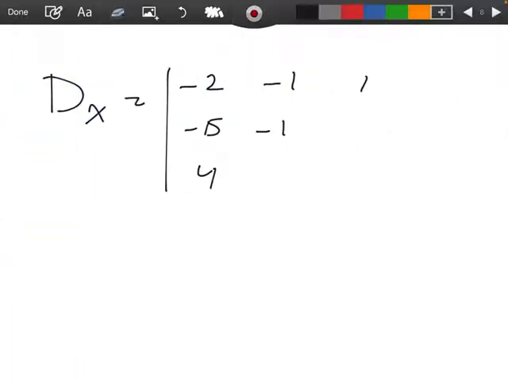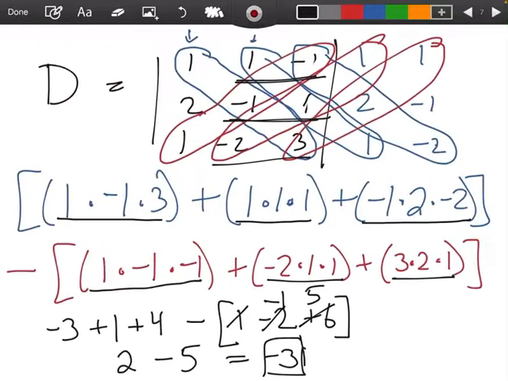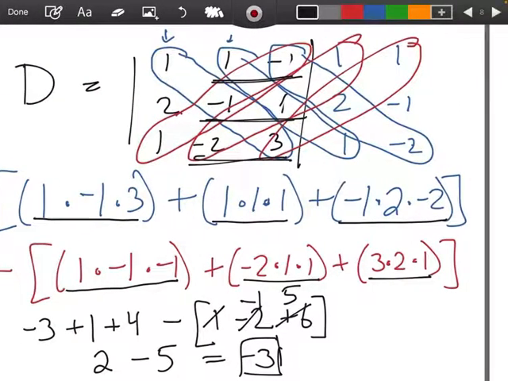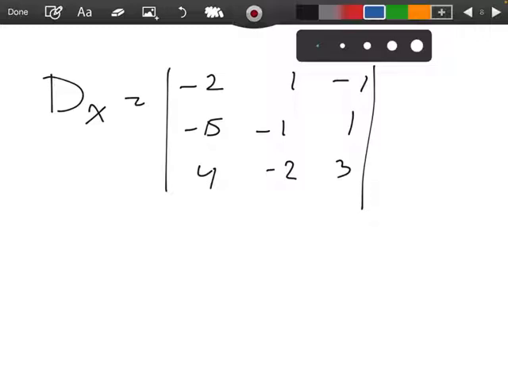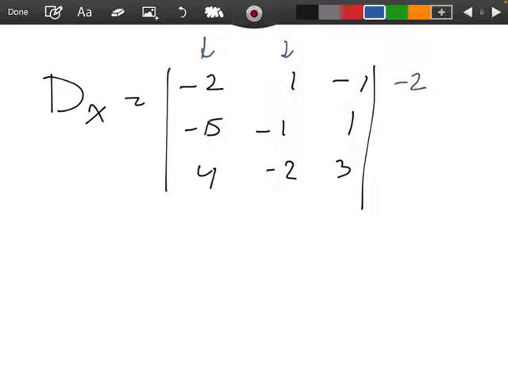And I'm just using those numbers right there, y'all, okay? Just like we did before, my first step is I'm going to copy these two columns down again. So -2, -5 and 4, 1, -1, -2, okay?